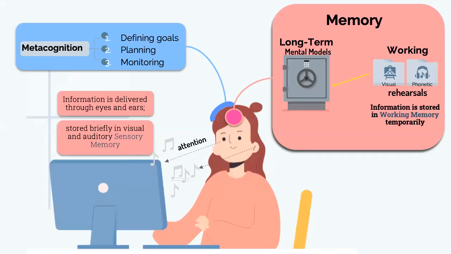This is one illustration adapted from Mayer, that he mentioned about multimedia learning, in which the computer is able to present multimedia information delivered through the eyes and the ears, and it is stored briefly in the visual and auditory sensory memory of the learner.